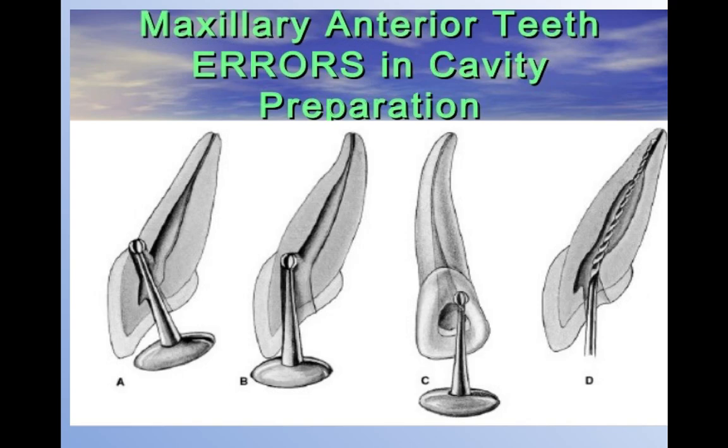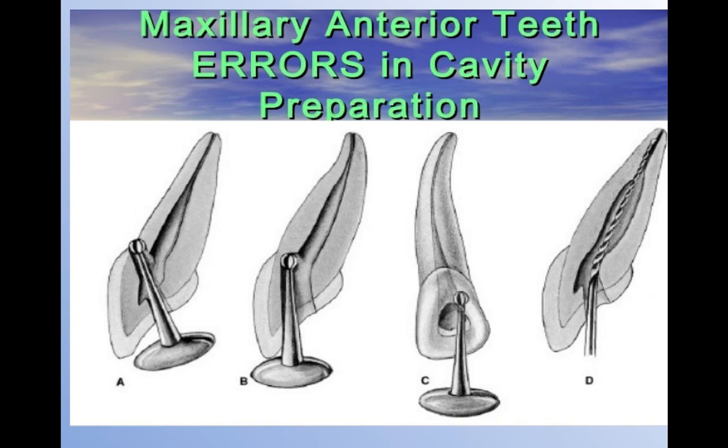If the bur is taken vertically to the crown part of the tooth, and we prepare quickly or with high speed, we may perforate the crown part of the tooth, especially around the cervical area.